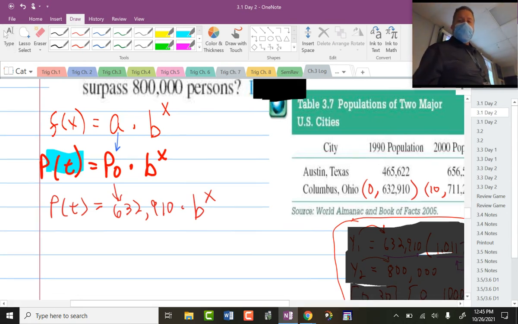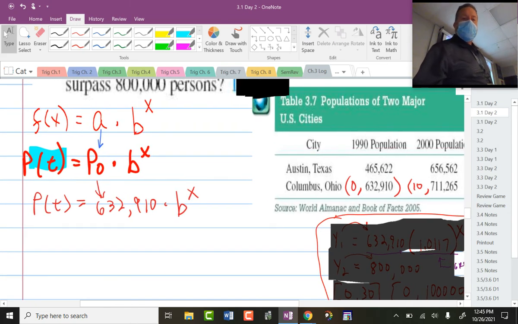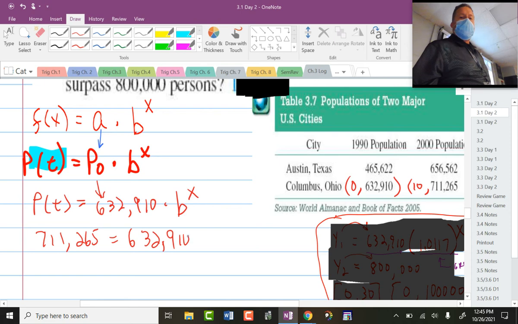Then what do you do? You take your second point, your second data point, and you plug it in. This is how you solve for b. Because then you could get over a 10-year process, what is my growth rate, or what is my b value? We'll talk about what I mean about growth rate in a second. So look at what I did here.